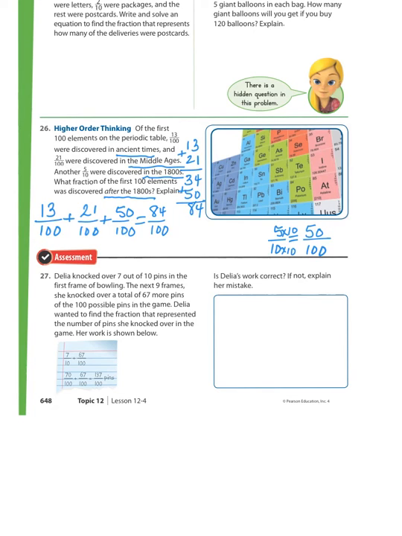I know that if I add 84/100ths plus 16/100ths, that equals 100/100ths. So my missing part is 16/100ths.